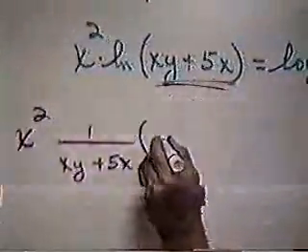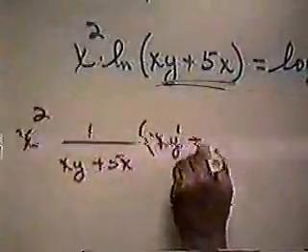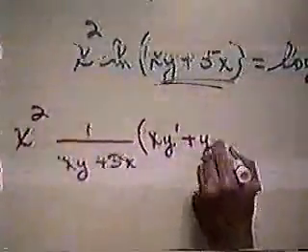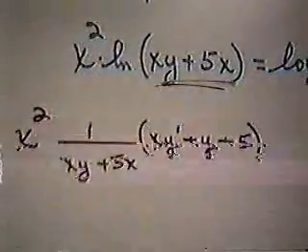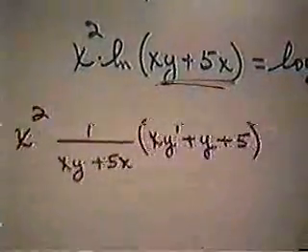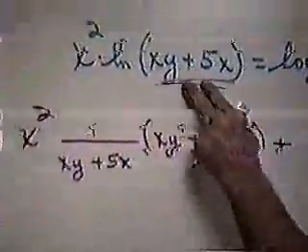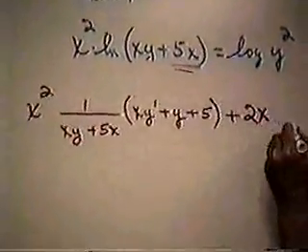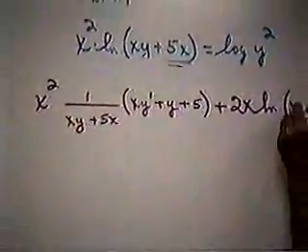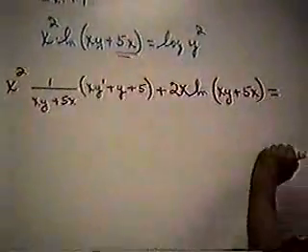That's product rule, so I write x down, take the derivative of y, which is y prime, plus write the y down, take the derivative of x, which is 1, plus the derivative of 5x is 5. Now that's just the part of the product rule. We've got to now say plus, write all this down and take the derivative of x squared, which is 2x. And then I write down the log of xy plus 5x equals.